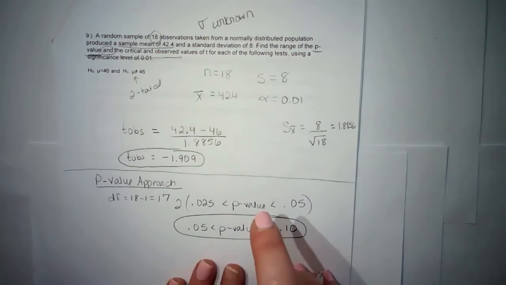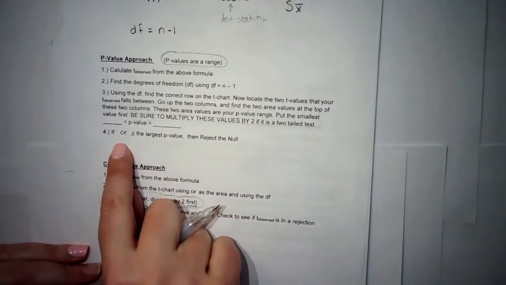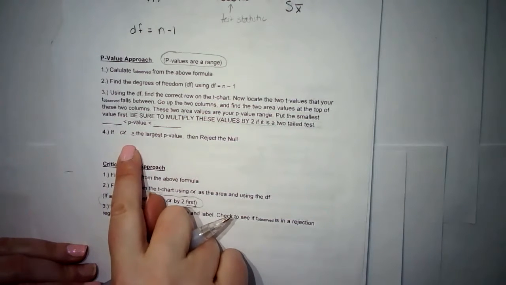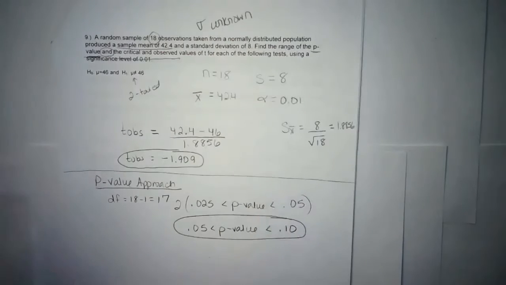All right, so for your p-value approach, you have everything you need. Now you're going to compare alpha and your largest p-value. Remember, the key with p-value is the smaller the p-value, the more significant it is. So if alpha is bigger than your p-value, you reject. Our alpha is 0.01.